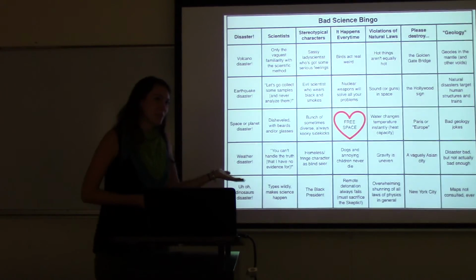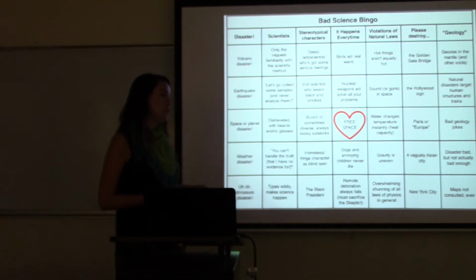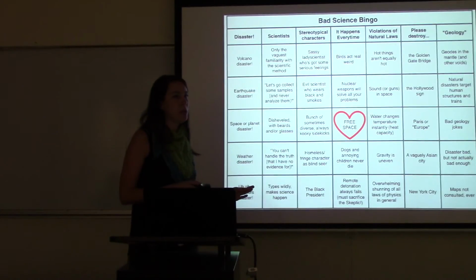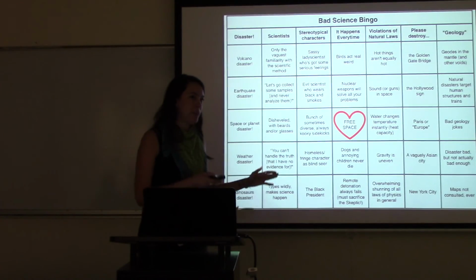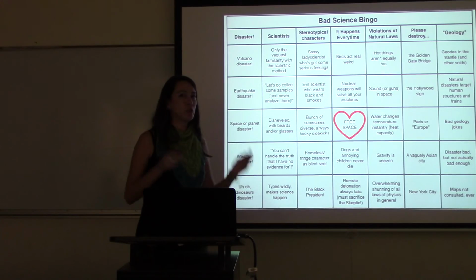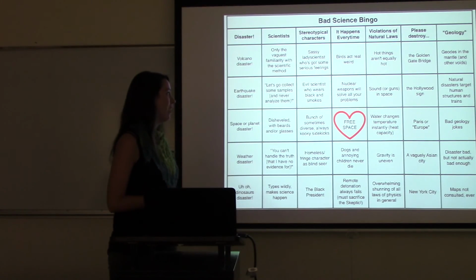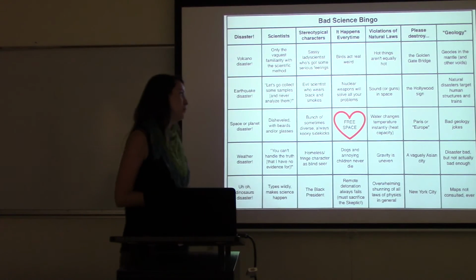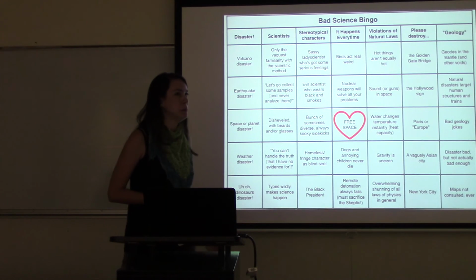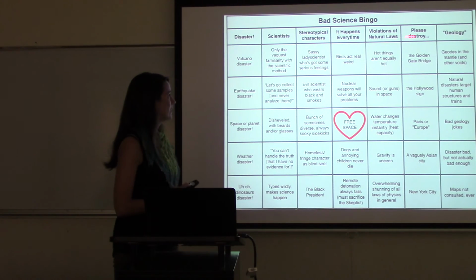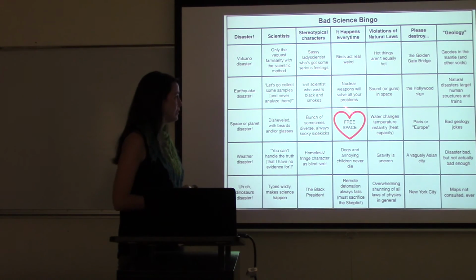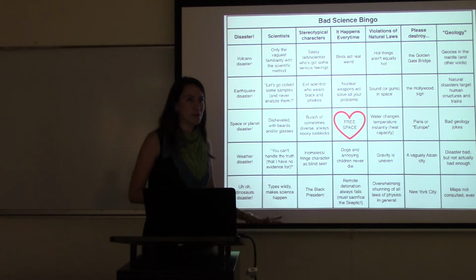So for the final assignment for this class, the students have to take what they've learned and make a movie script that's still a bad movie, but has good science. The way that they make it still a bad movie is I've created bad science movie bingo with various categories. And your free space is love, because everybody always falls in love.